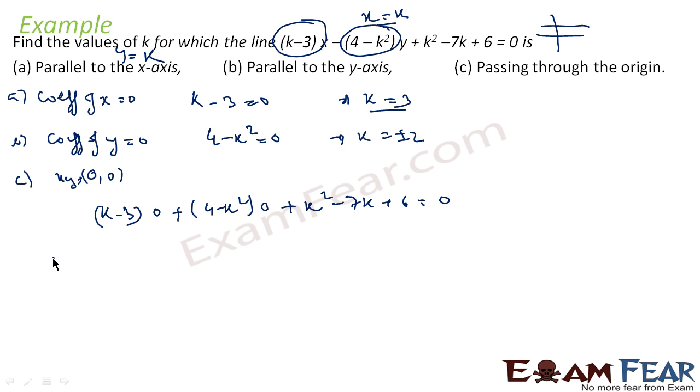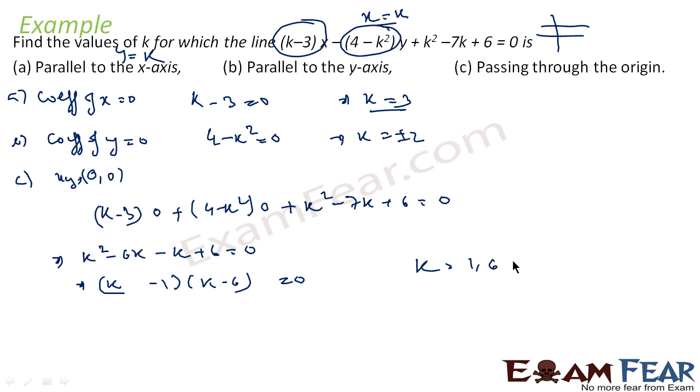This equation should be satisfied. Or we get k square minus 6k minus k plus 6 is equal to 0. We just factorize it, so we get (k minus 6)(k minus 1) is equal to 0. So k is equal to 1 or 6. That is the answer.